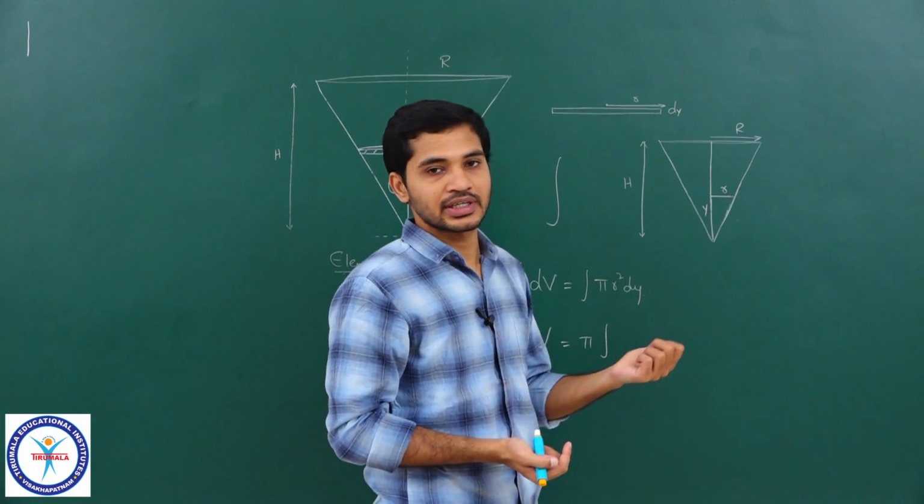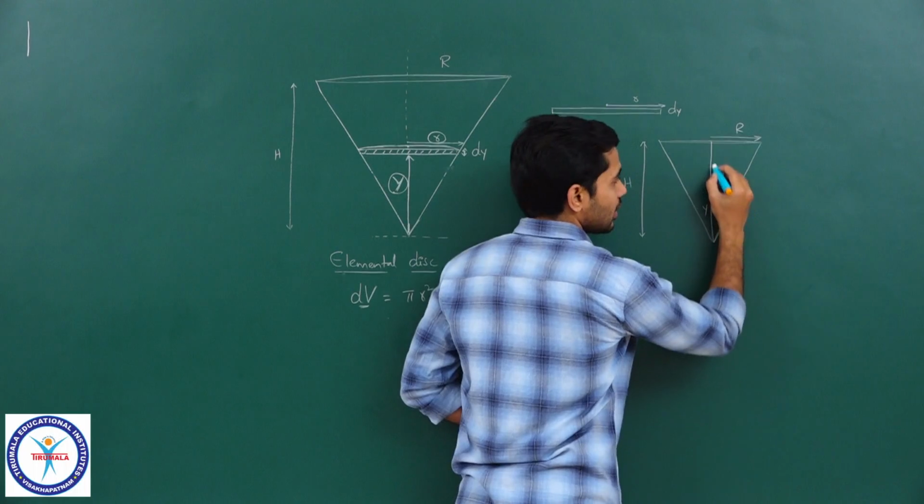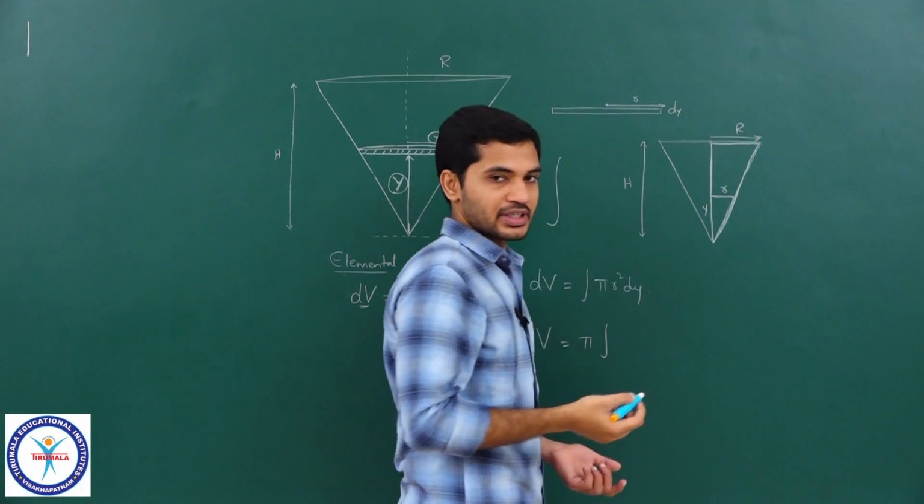I am going to use similar triangles. This small triangle and this big triangle are similar triangles, correct?